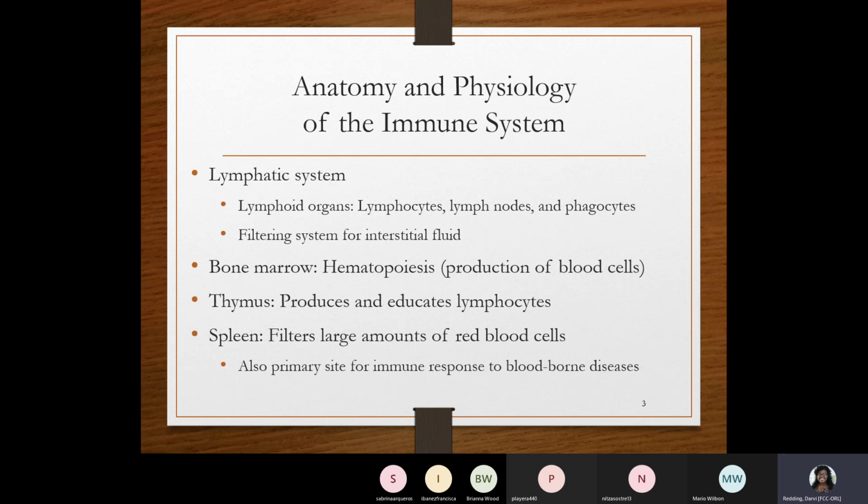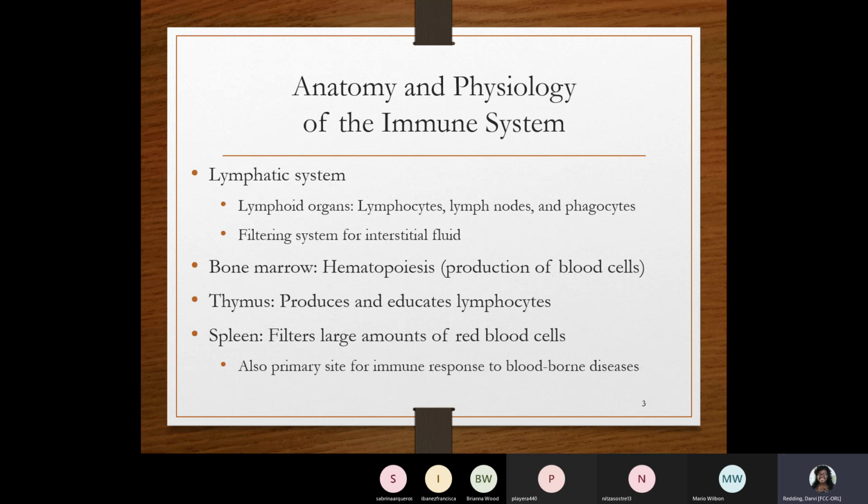So our immune system is built up of lymphoid organs. And so we have a lymphatic system. Inside of our lymphatic system are lymphocytes, lymph nodes, and phagocytes.